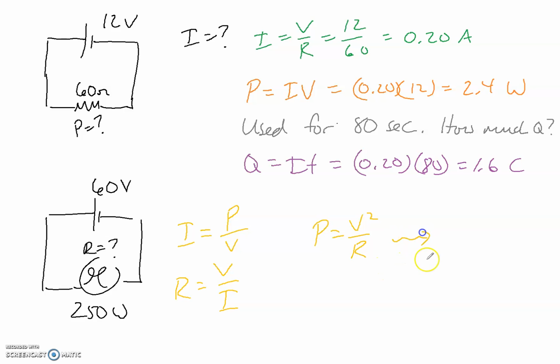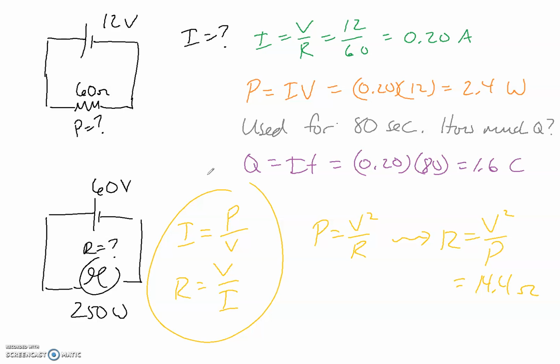If we rearrange it to look for the resistance, that's V squared divided by P. So 60 squared is 3600, divided by 250, and we get a resistance of around 14.4 ohms. If you do it the other way, you should get the exact same answer. These are just reviewing some of the basic expressions in simple calculations, and they're usually pretty straightforward.